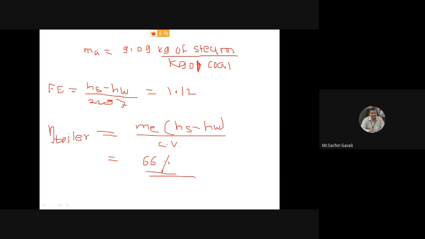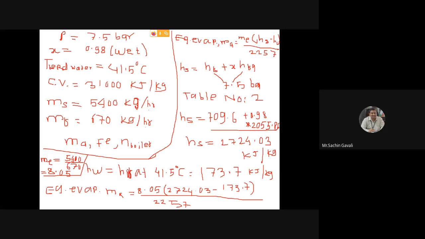Shall we go to the next numerical? So this is a numerical. ME is coming as 8.05, 5400 divided by 670, kg of steam divided by kg of fuel.